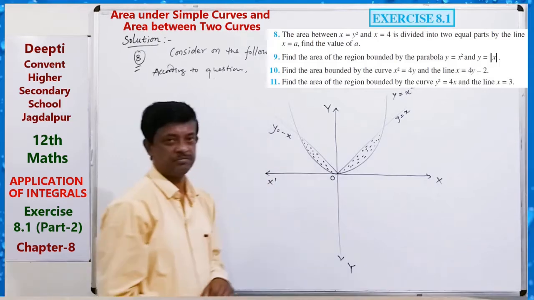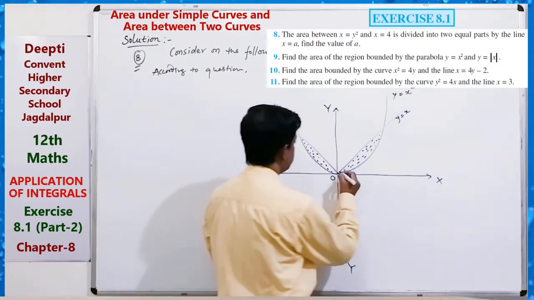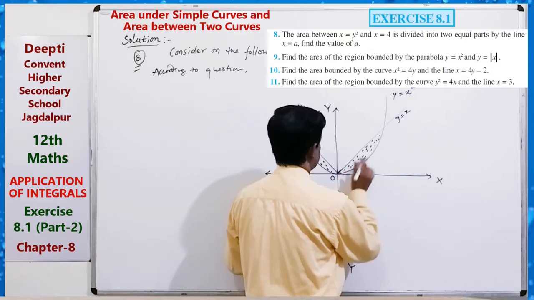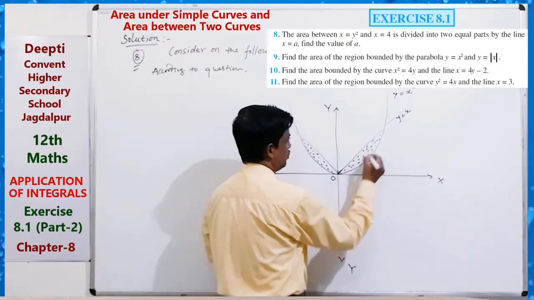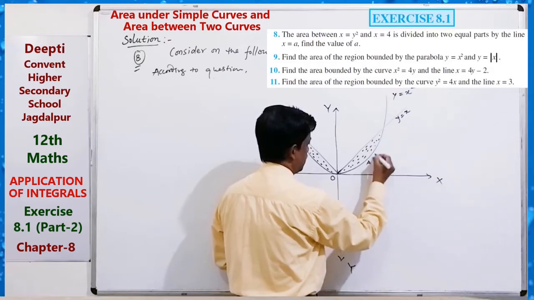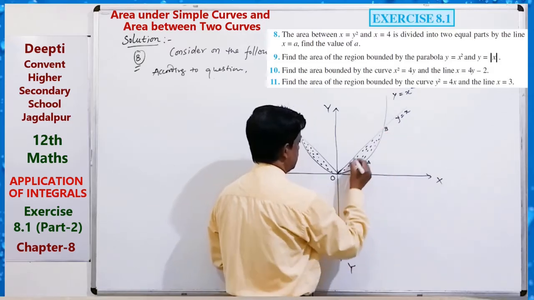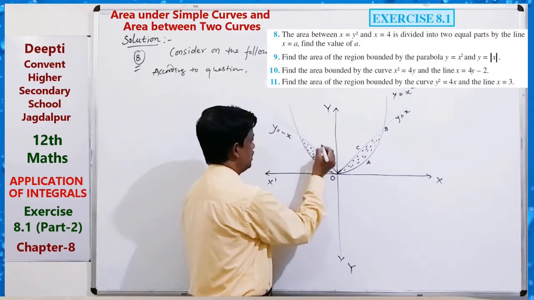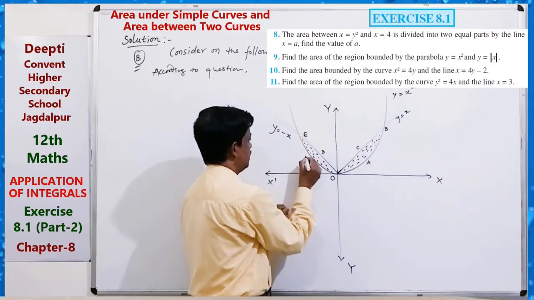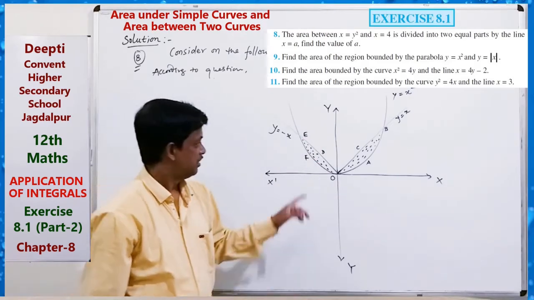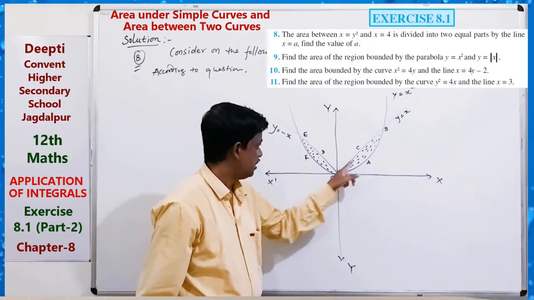So we have to find the value of this. Suppose we name the points O, A, B, C, D, E, F, like this. This is the required area and this is the required area.